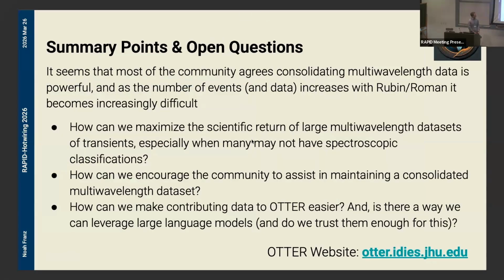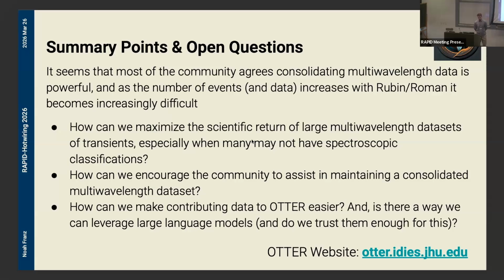And so I guess in summary, I hope everyone in this room agrees that consolidating a multi-wavelength data set is a powerful tool for the community. And as the number of events increases, especially over the next decade with Roman and Rubin, I think this is going to become a harder and harder problem to continue to maintain.